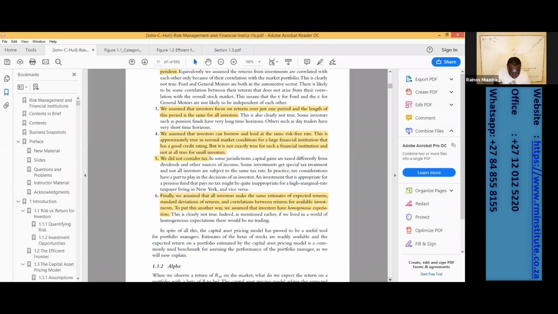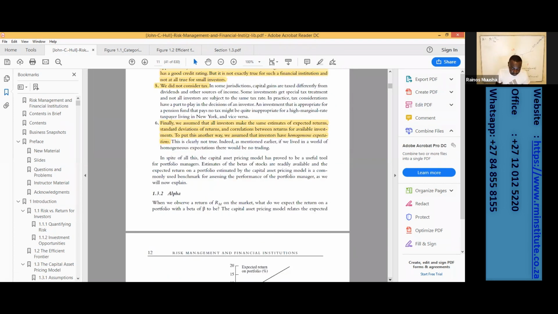Tax. Then lastly, we assumed that all investors make the same estimates of expected returns, standard deviations of returns, and correlations between returns of available investments. To put this another way, investors have homogeneous expectations: the same expectations for the expected returns, the standard deviations, and the correlations.